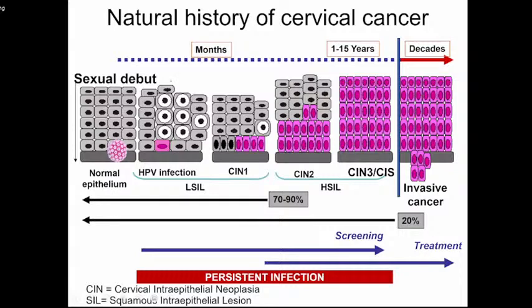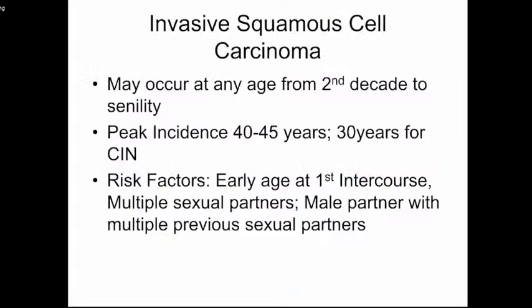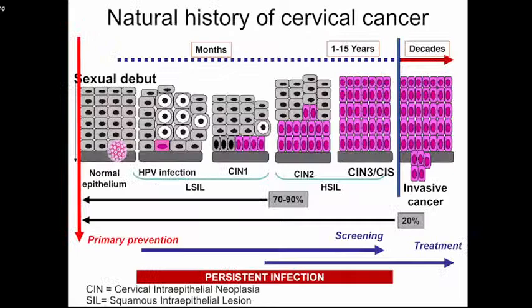Okay, so primary prevention is preventing women from becoming infected with HPV, and primary prevention is HPV vaccines. Secondary prevention is screening and treatment of pre-malignant lesions and early invasive disease.